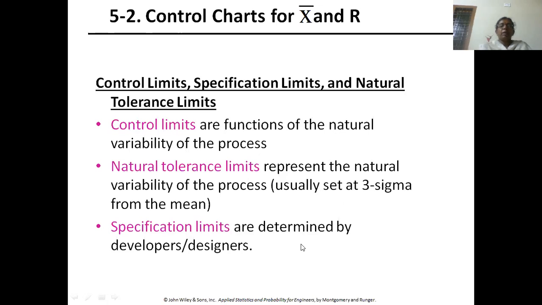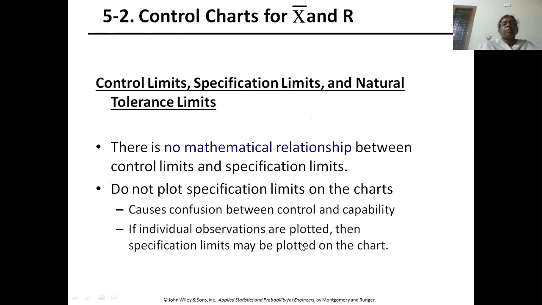Specification limits are determined by the developers or designers. There is no mathematical relationship between control limits and specification limits. You do not plot specification limits on the charts because it causes confusion between control and capability. If individual observations are plotted, then the specification limits may be plotted on the chart.